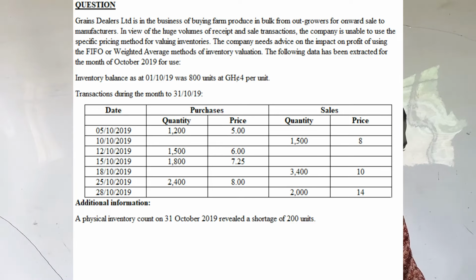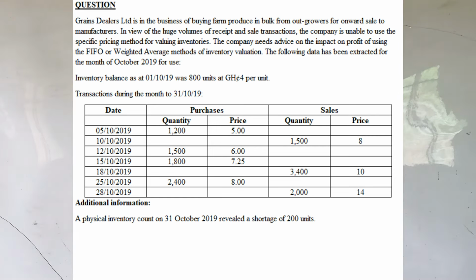Grain Dealers Limited is in the business of buying farm produce in bulk from outgrowers for onward sale to manufacturers. In view of the huge volumes of receipts and sale transactions, the company is unable to use the specific pricing method for valuing inventories.